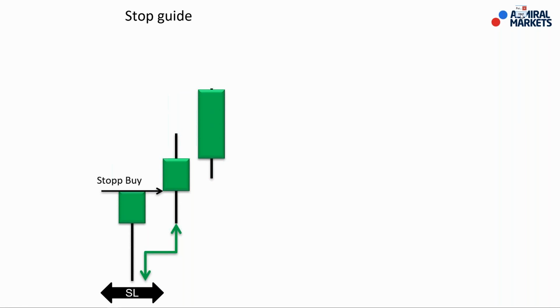But now it's special. Next one. You see, the stop follows the single candle, as long as, and that's really important, as long as you have a higher close than the former candle. So the next candle is this one.